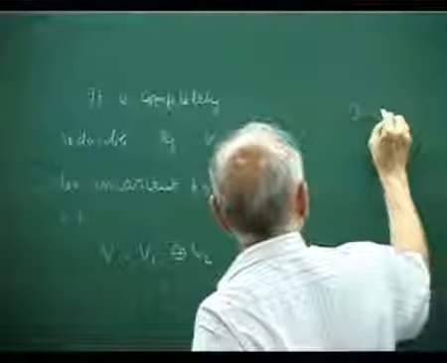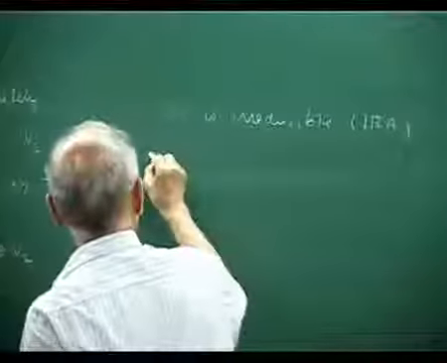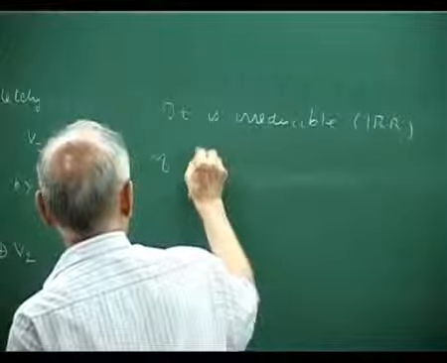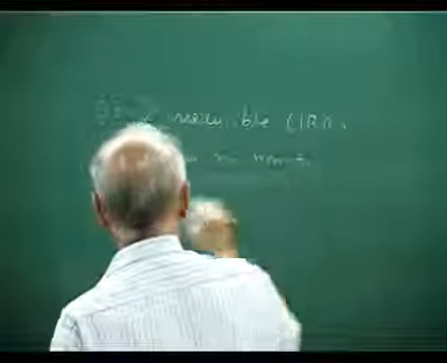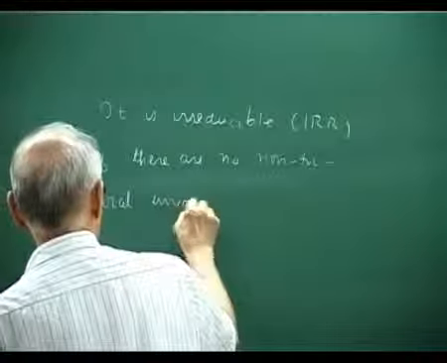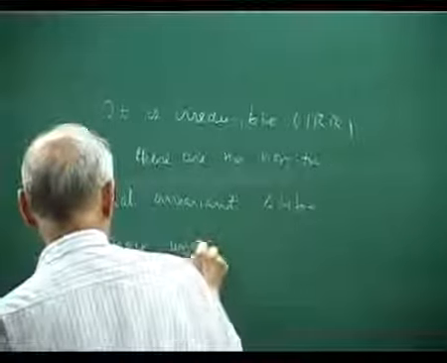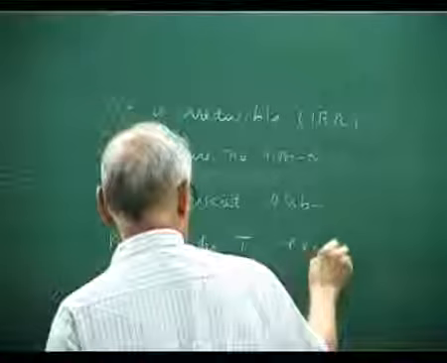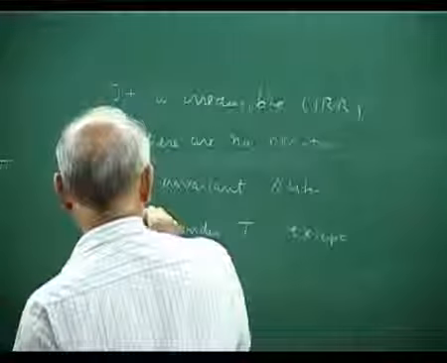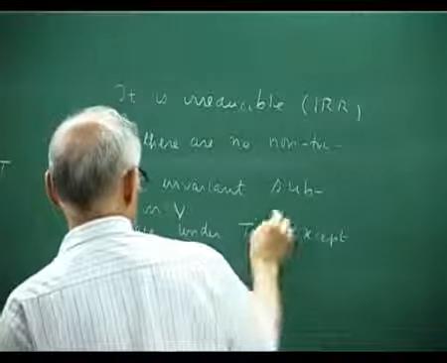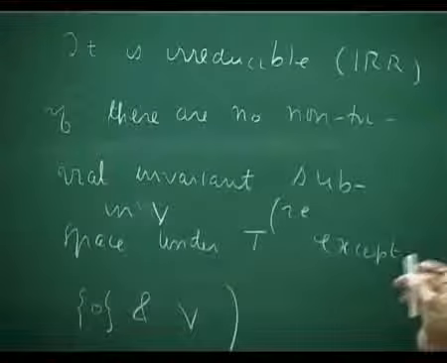It is irreducible, IRR, if there are no non-trivial invariant subspaces under T except 0 and V, in V. Non-trivial means that is, except those. So all these are exactly the same as previously.